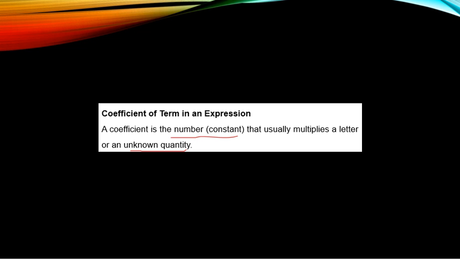A coefficient is the number or constant that usually multiplies a letter or an unknown quantity. For example, if you multiply 2 by s, that is 2 times s, the number 2 that is multiplying s is referred to as the coefficient of s. So it's always a constant.